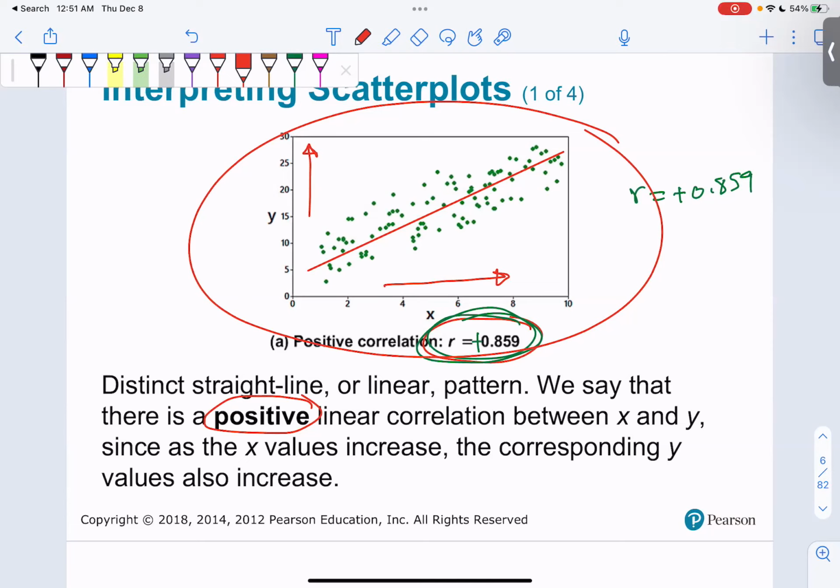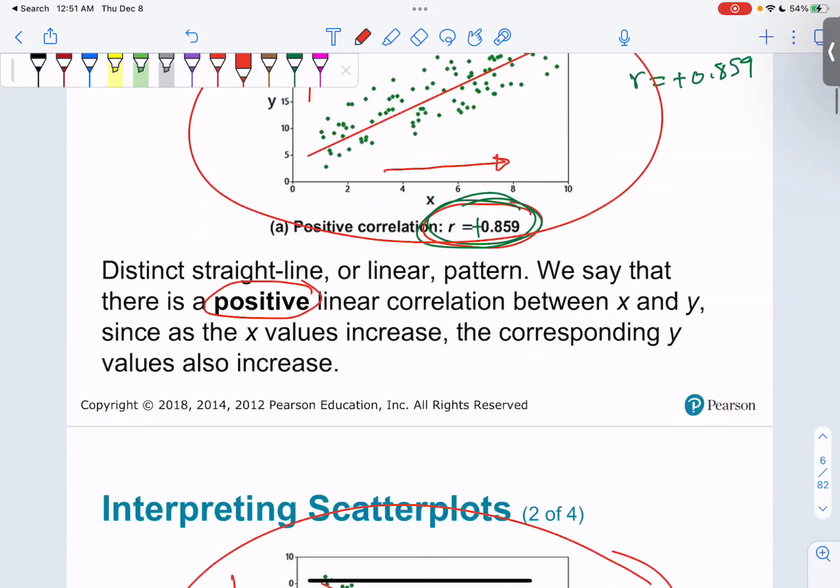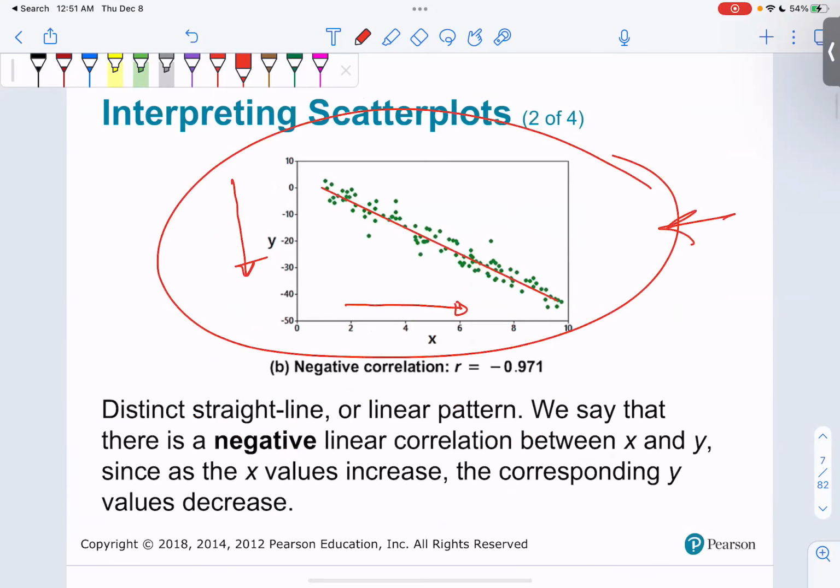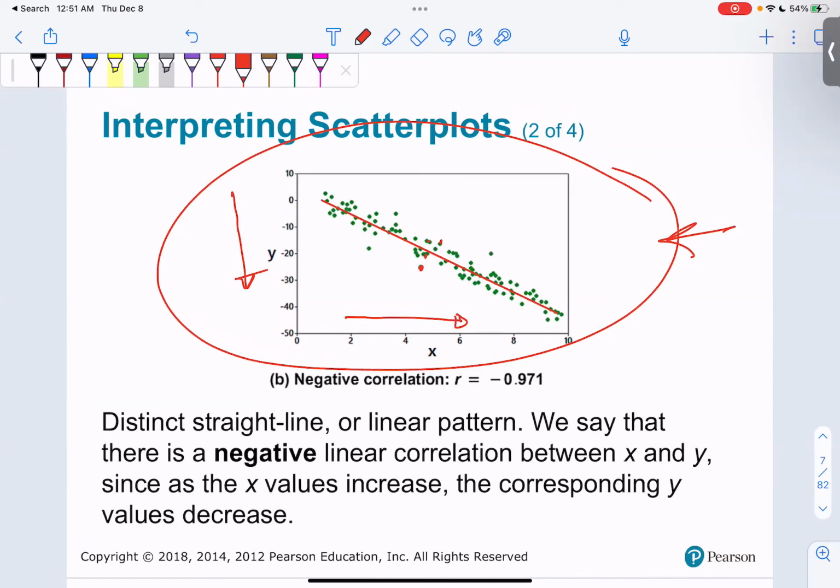Clearly the second one here is stronger. Why? Because the distance between the straight line and all these dots is closer. So if the dots are closer to the straight line, that means the relationship must be stronger.